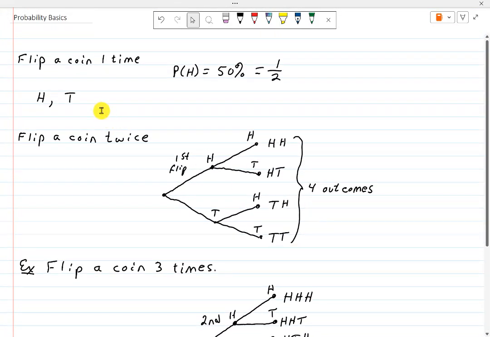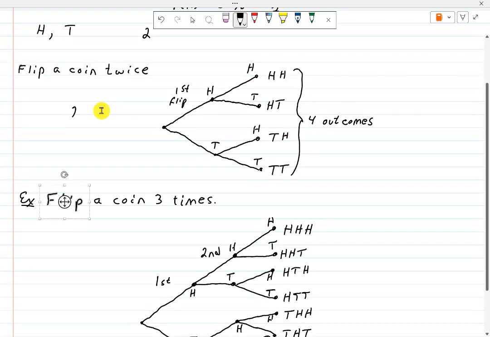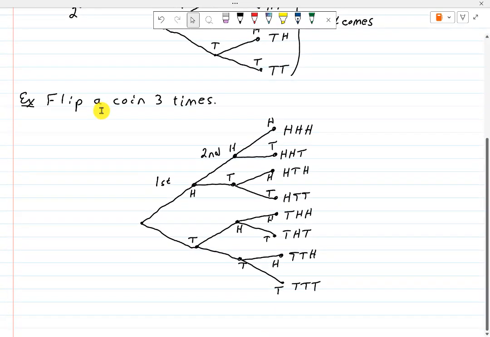For the first one, there were 2 outcomes. That was 2 raised to the first power. For the next one, we flipped a coin twice, we had 4 outcomes. That's 2 raised to the second power. For 3 times, we have 2 raised to the third power.